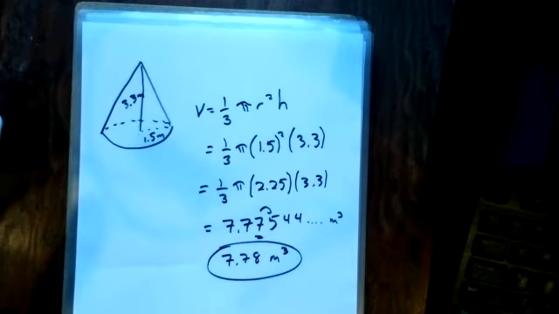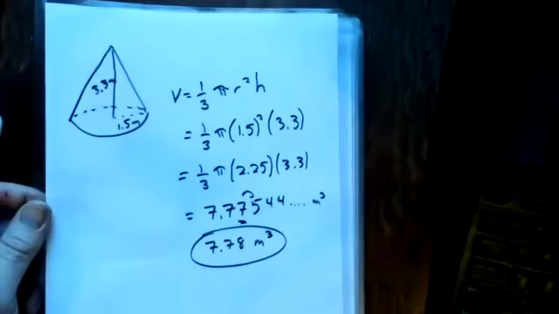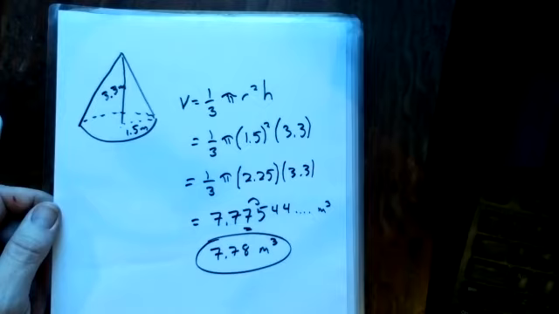So these are our basic shapes. Beyond that, we can deal with some different shapes or combinations of shapes. And this is where things can get to be kind of fun.